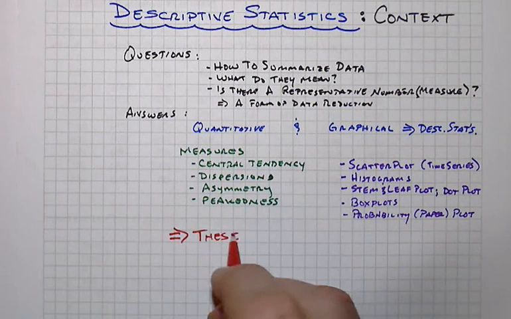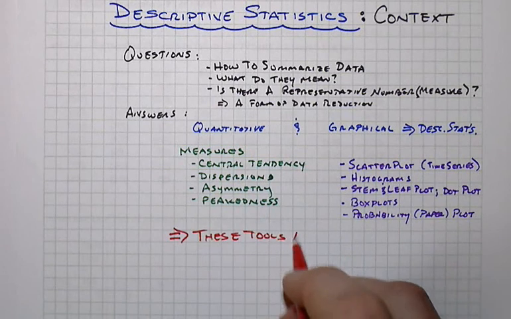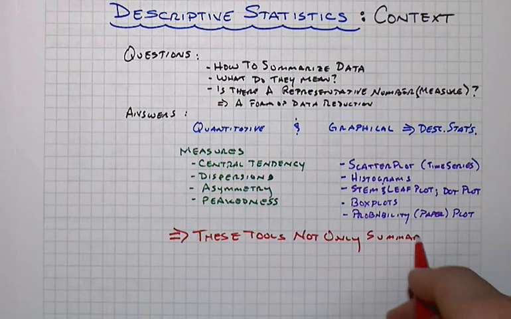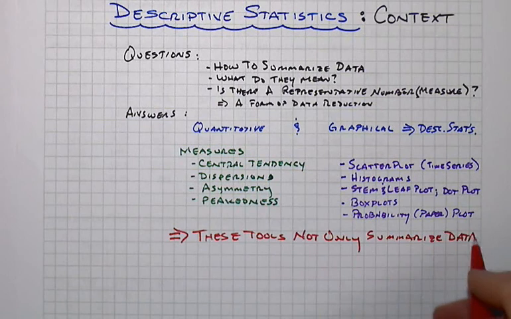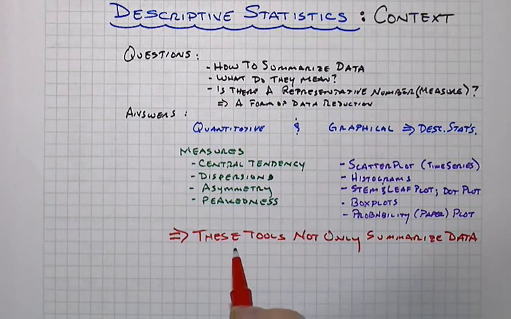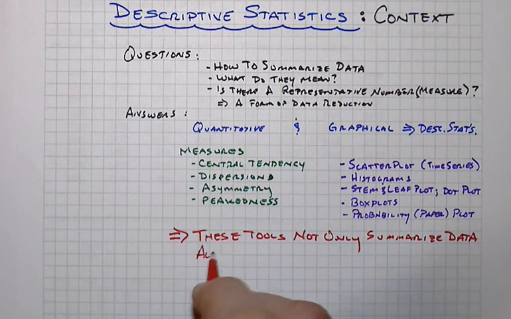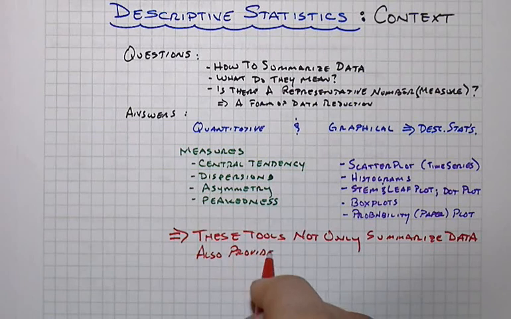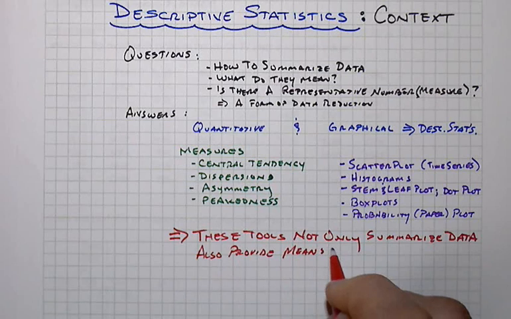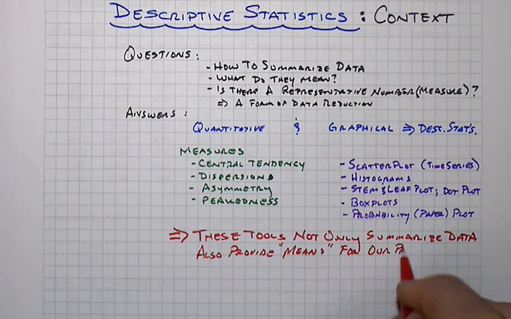these tools not only will summarize our data, both in a quantitative sense and a graphical sense, and give us some kind of meaning to that big long set of data that we have, for instance, what we just saw previously, but they also are going to provide the "means" for our probability models.